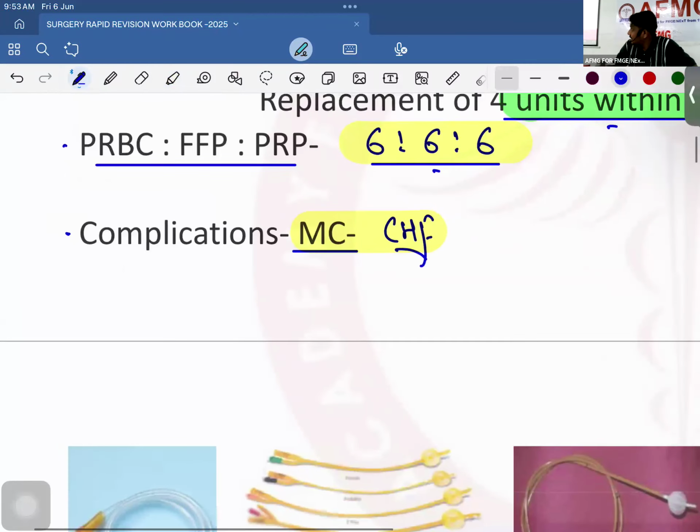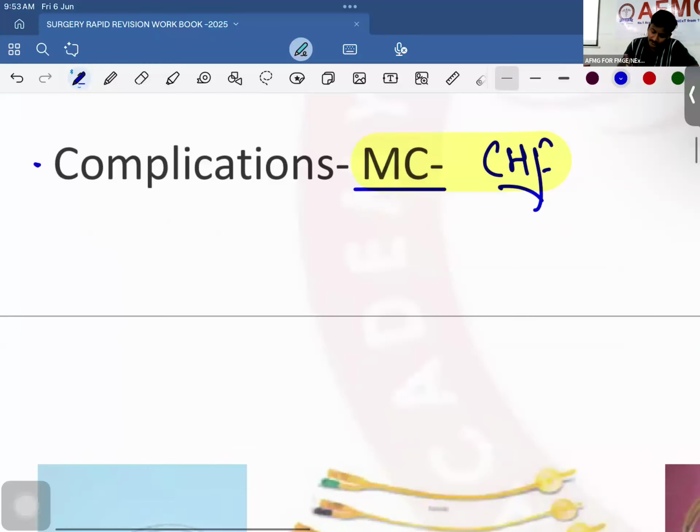Now, if I ask you whether all the ions are going to increase or decrease after a massive blood transfusion: decrease, right? There will be hypocalcemia, hypomagnesemia, hypophosphatemia, except, very good, potassium.